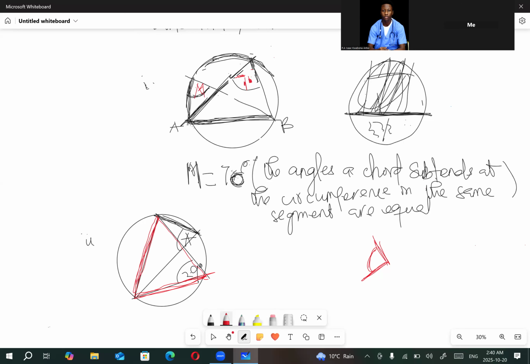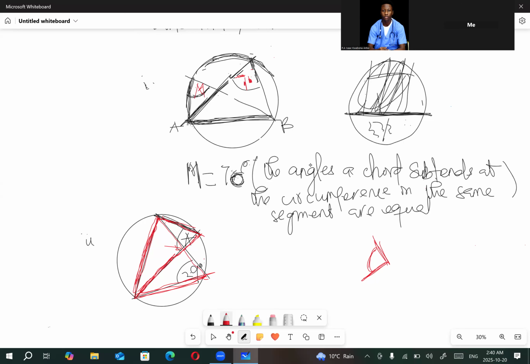If you trace it, you see that the angle, that letter, stems from that chord, end to end. Also, it was produced by that chord too. And I said that whenever a chord produces an angle, where is the angle produced, by the way?